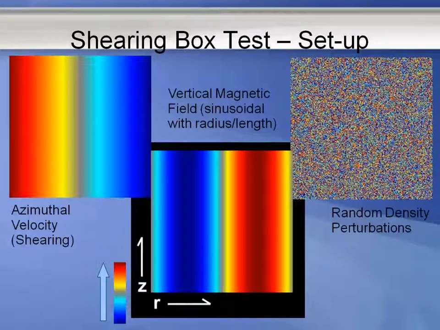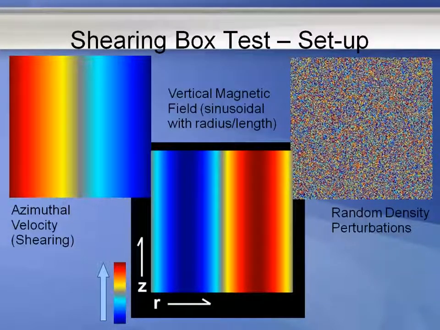So you can see here, I've called this the azimuthal velocity. That's the shearing direction, where you can see the dark red is the highest value. Gray is the median value, which in this case would be 0, and blue would be the lowest value. So you could consider that these dark red locations are flowing into the board, the dark blue locations are flowing out of the board, and that gives you an idea of how the shear is happening in our box here.